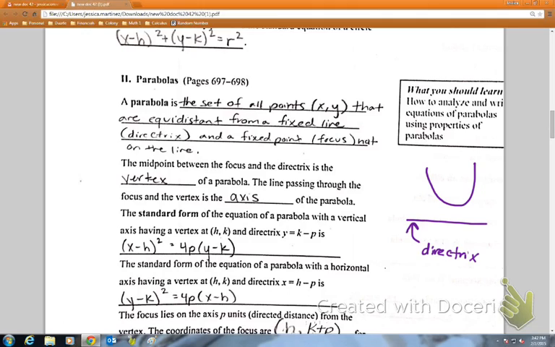And there's a point in here called the focus. And all the points on the parabola are equidistant from that line and the point not on the line. So for example, this point here is equidistant to this point here. This point here is equidistant to this point here, and so on and so forth. So you get the idea.